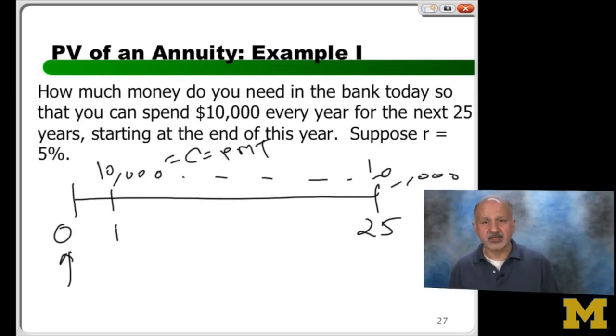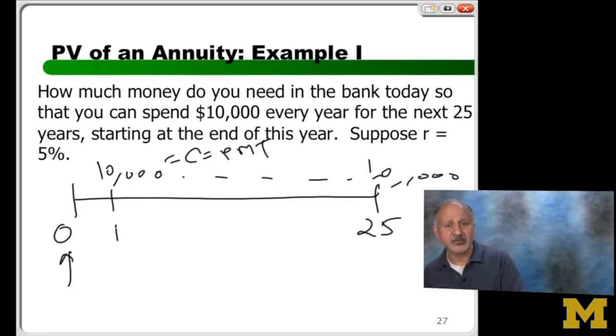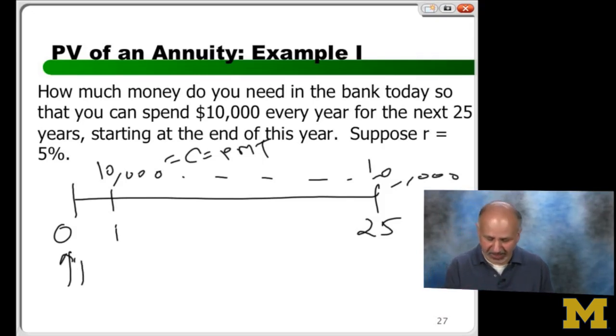Okay, I need to spend $10,000, but I need to have it in my bank because maybe I just want to retire. Or maybe over the next 25 years I'm working, but I want $10,000 set aside for some needs that are important for me. Whatever the motivation you've decided to do this, I will have to figure out PV.